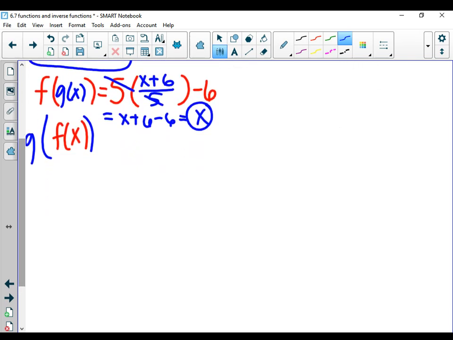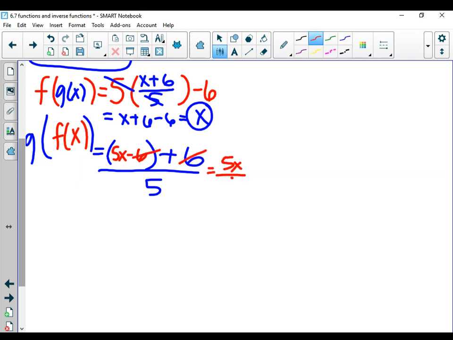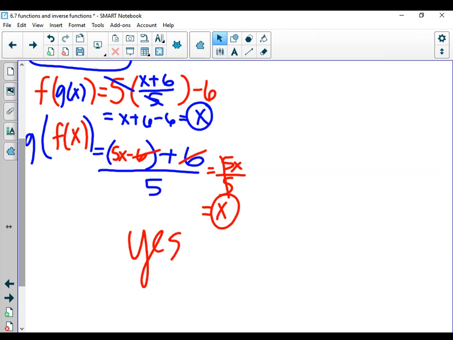Okay? So then now I do my g equation, which is x plus 6 divided by 5. And I plug my f of x equation in there, which is 5x minus 6. So my 6's cancel. I'm left with 5x over 5, which gets me x. So then, yes, these two functions are inverses of each other.